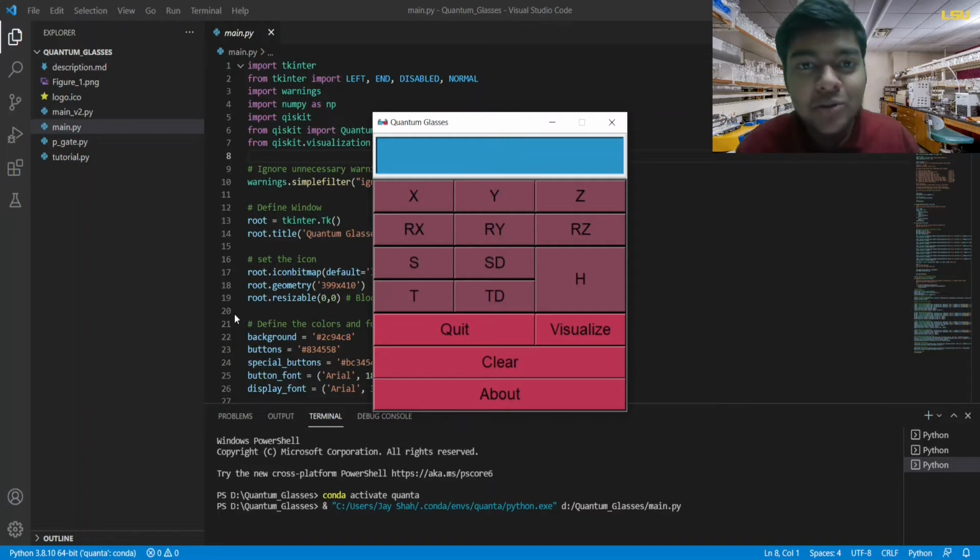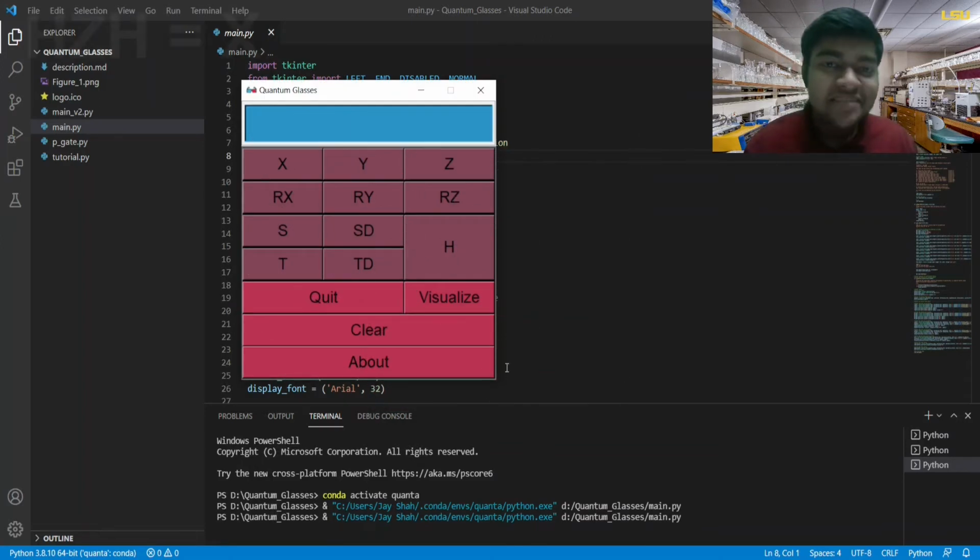They are really famous ones, and I think it's good to know about them. If you're new here, it will also help you to understand how quantum glasses, this little app of ours, can be really helpful to visually understand quantum computing. So, with that said, let's start our journey for this week.